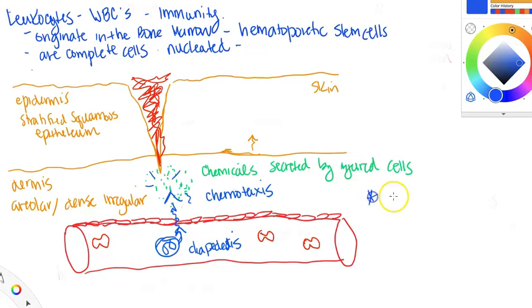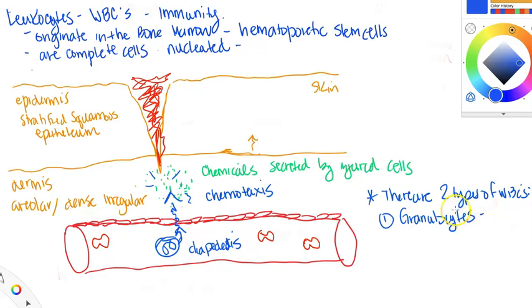All right, so there are two types of white blood cells. The first one are called granulocytes. These are white blood cells that have granules in their cytoplasm.